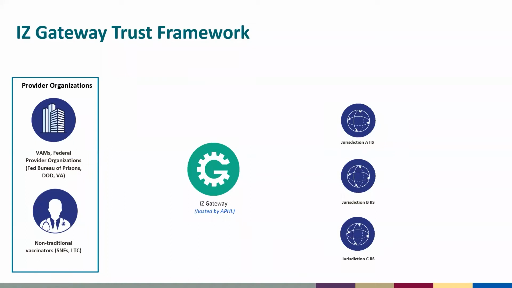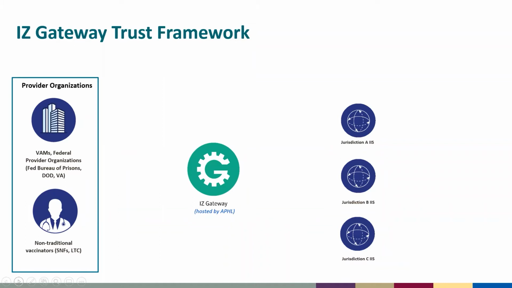Each of those are the IISs, the immunization information systems of the particular jurisdictions. And on the left are these, what we have referred to as multi-jurisdiction vaccine provider organizations. Many of them are federal agencies like the Veterans Health Administration, the Department of Defense, Federal Bureau of Prisons, but also you'll see the circle below that is what are sometimes seen as non-traditional vaccinators, whether they're the skilled nursing facilities or long-term care facilities.